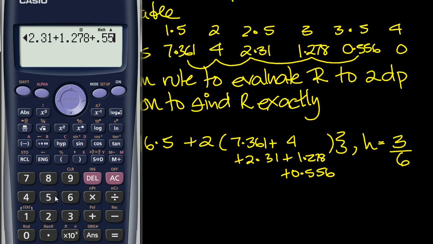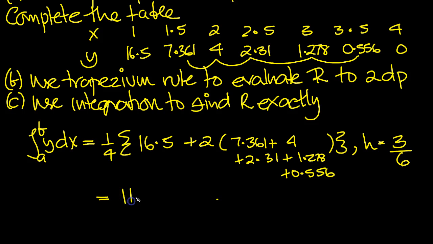Close that bracket. Equals. Decimal. To 2 decimal places it is 11.88.